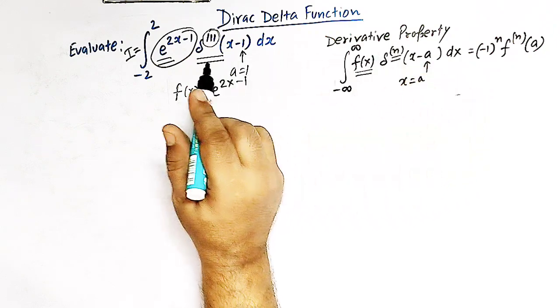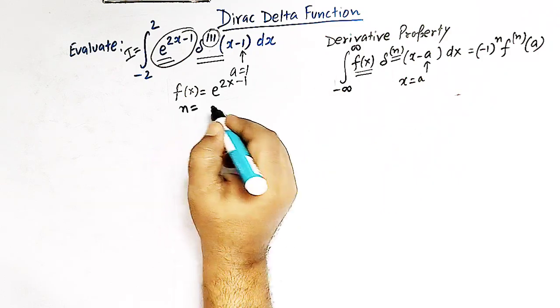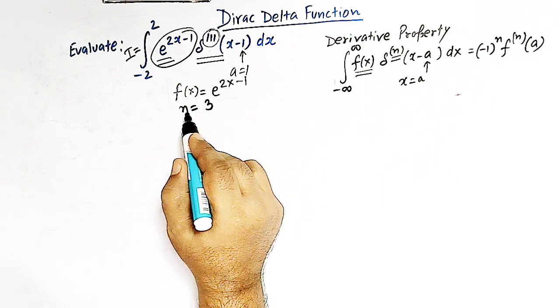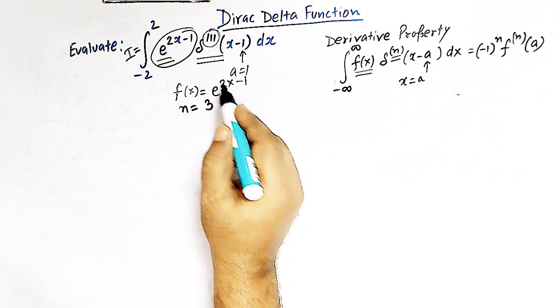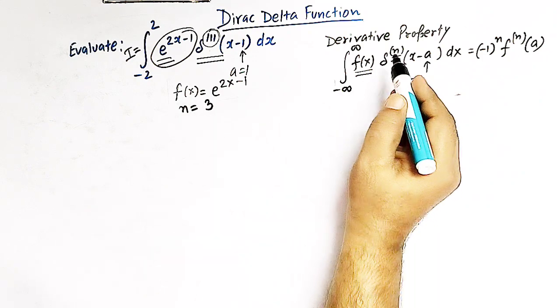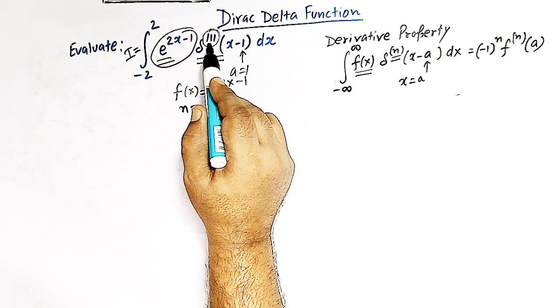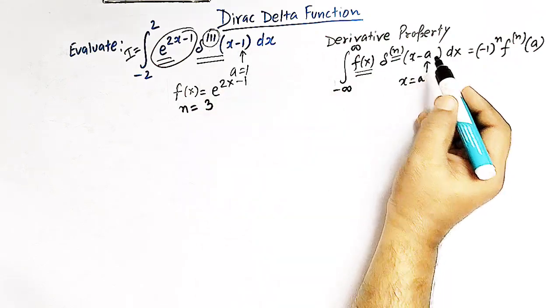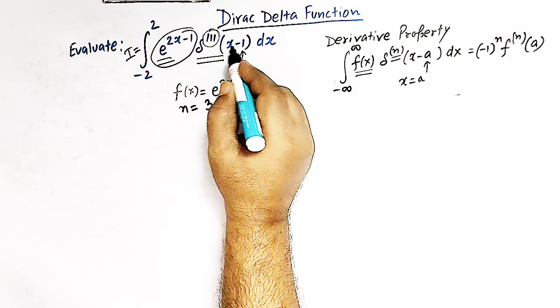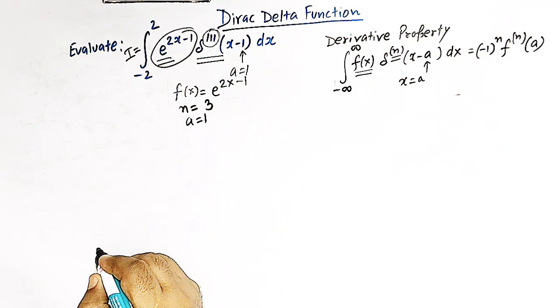So if we compare these two terms, then the value of n is 3. This value of n, that is 3, denotes the order of derivatives. So here the third derivative of delta function is involved, and here we have x minus a, and here we have x minus 1. So the value of a is equal to 1.